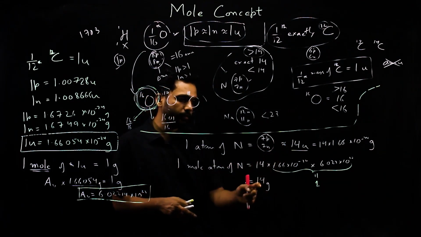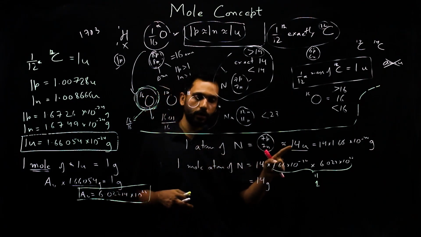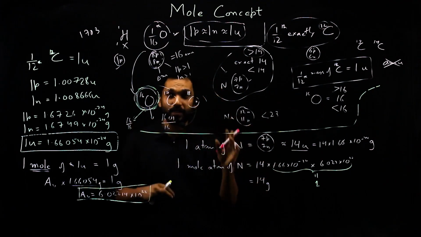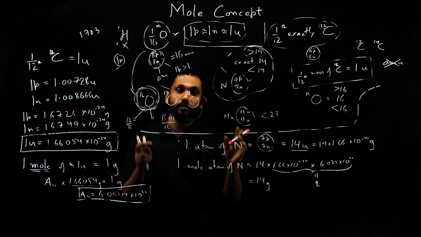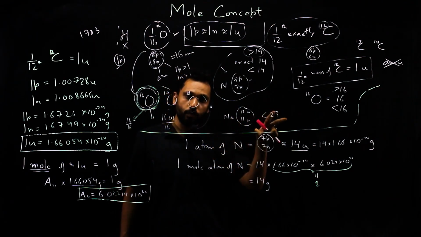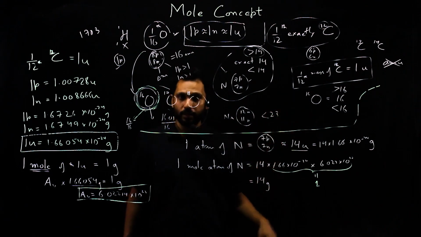The number remains the same. If there is one atom which weighs 14 U's, then 1 mole of it weighs 14 grams. If you have anything which weighs X U, then 1 mole of that will weigh X grams. A mole collection of U's will make it grams and the number will remain the same.